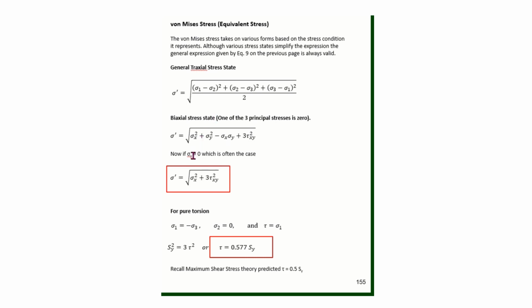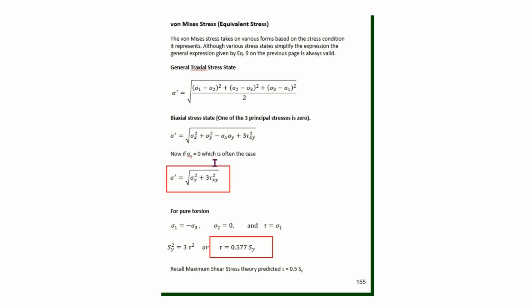Now if sigma y in this equation here is also 0, which is often the case in many beam situations, we see that this equation reduces further to sigma x squared plus 3 tau xy squared, quantity square rooted.